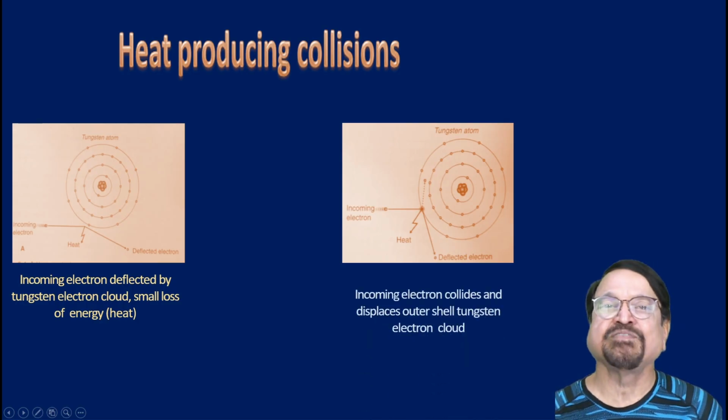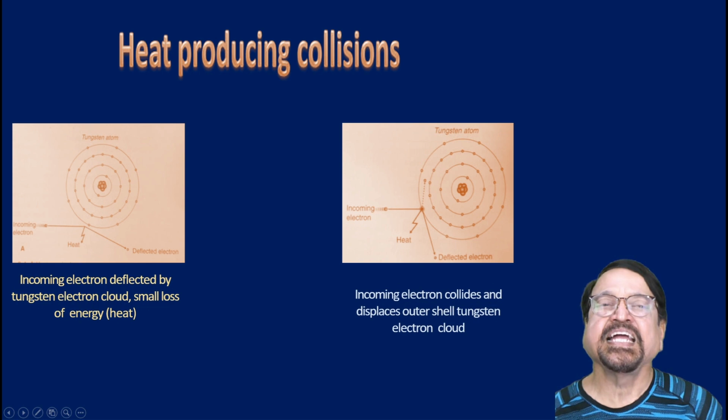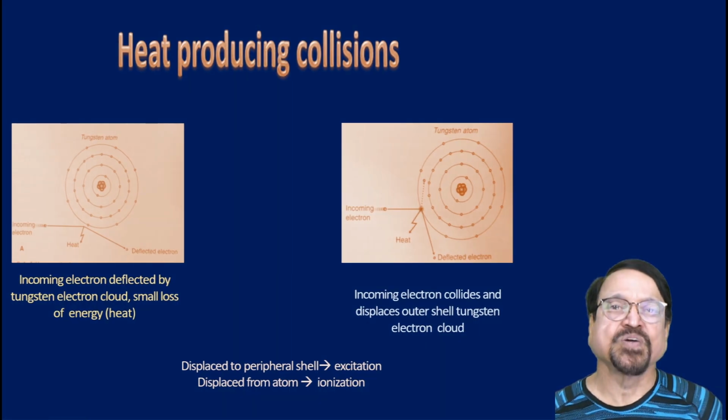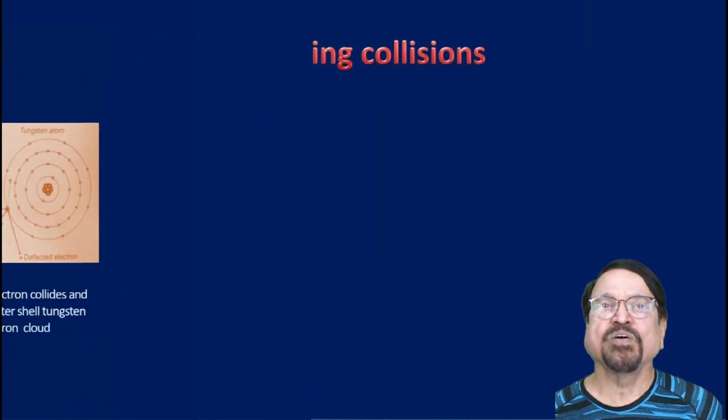So it is in the form of heat. Now the incoming electron collides and disappears in the outer shell of the tungsten electron cloud. That can also happen. It displaces the peripheral shell, then the excitation of the displaced atom and ionization occurs. So these are the things occurring.